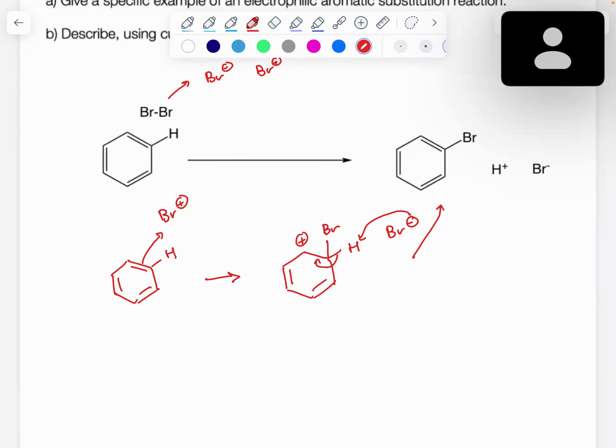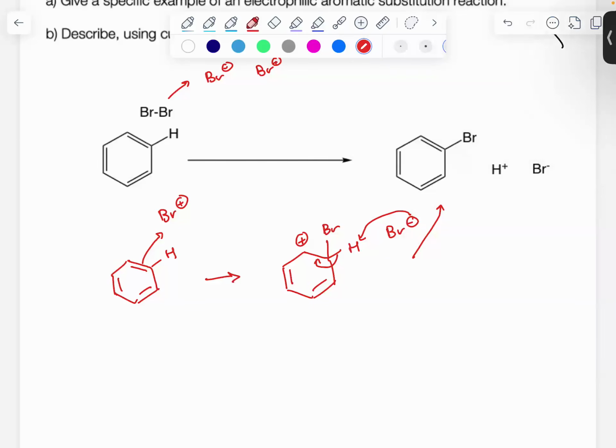Questions on this? It is going to the proton because it's forming a bond with the proton.